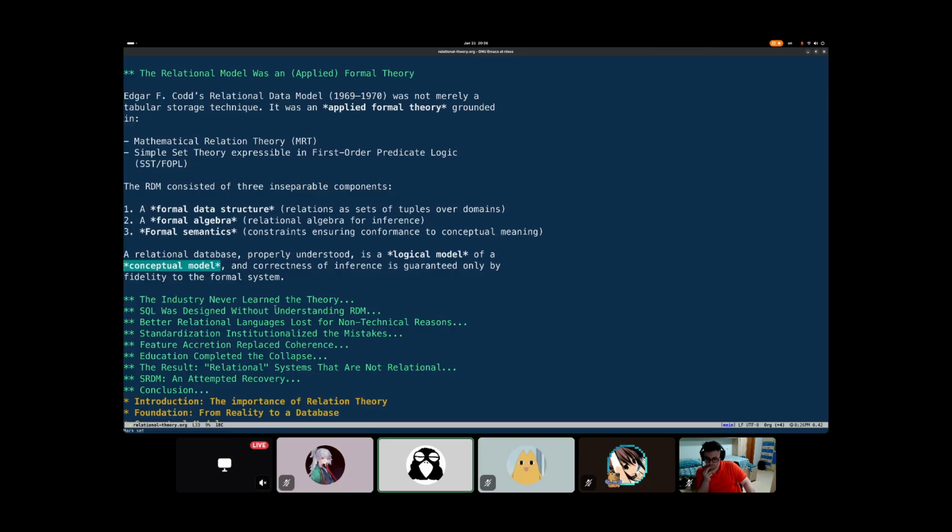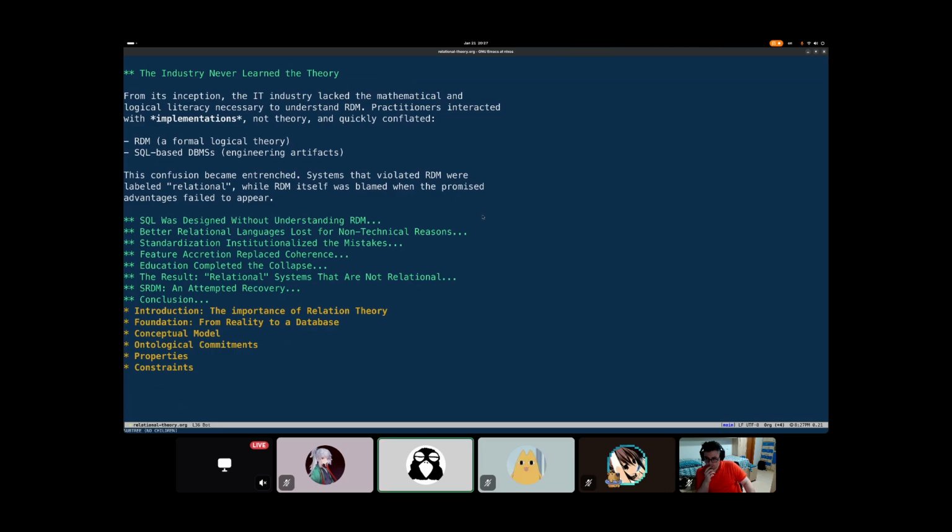So the conceptual model is: I want to model this part of the world with a formal theory X, with such a logical schema, and physically implementing this matter. So it's multiple layers of abstraction that we are talking about here.